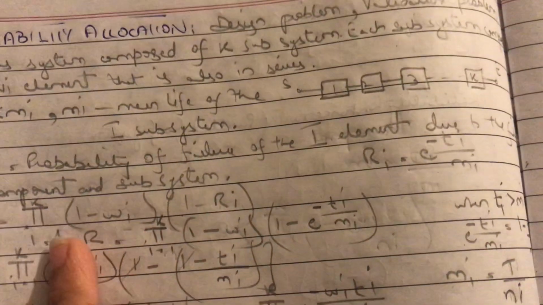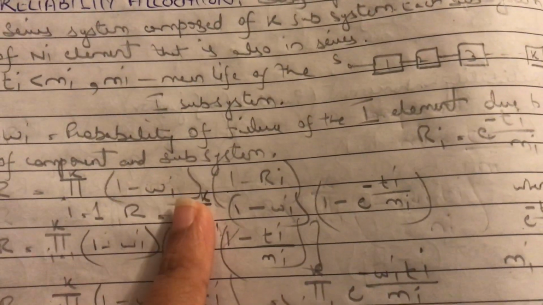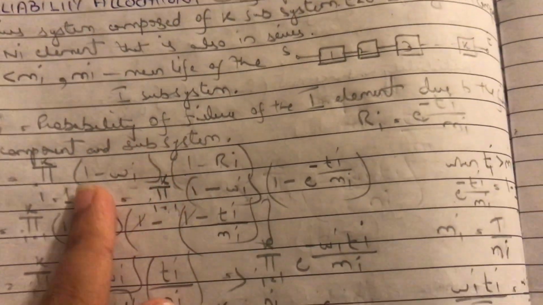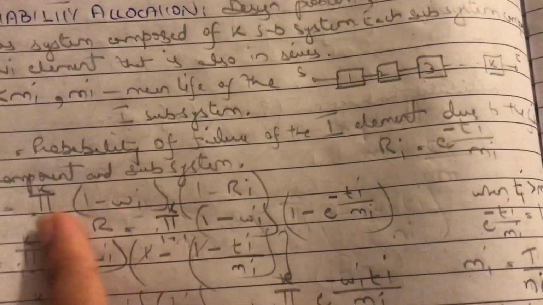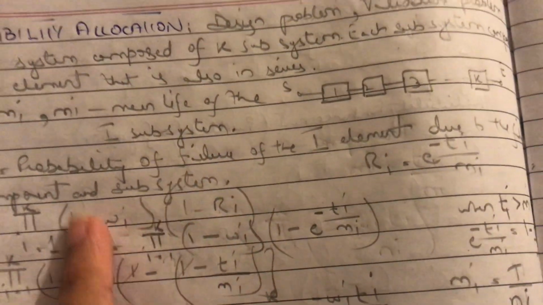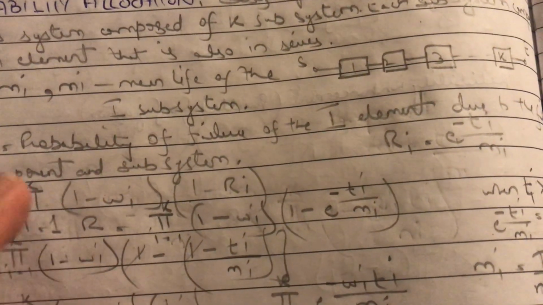So this is the probability of the failure of an item. 1 minus Wi is the unreliability of an item that is going to fail, Ri is the reliability, and i is going from 1 to k.